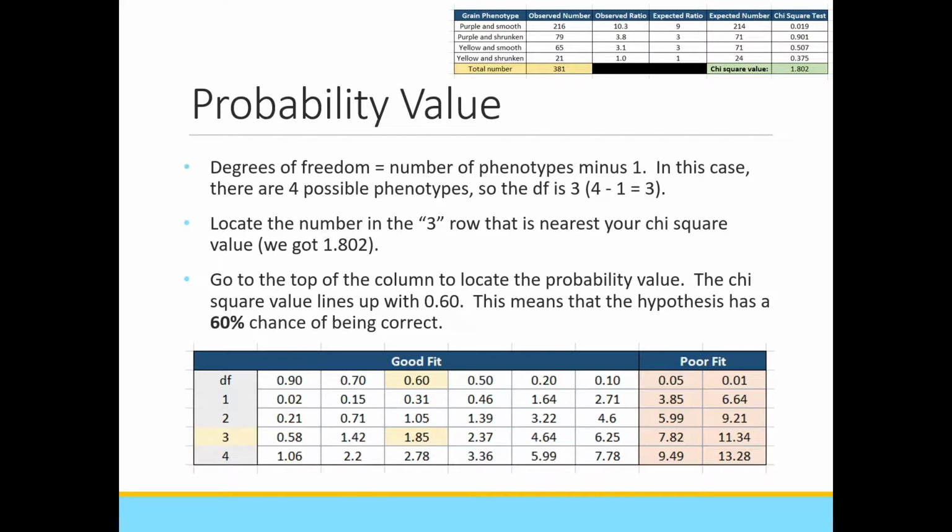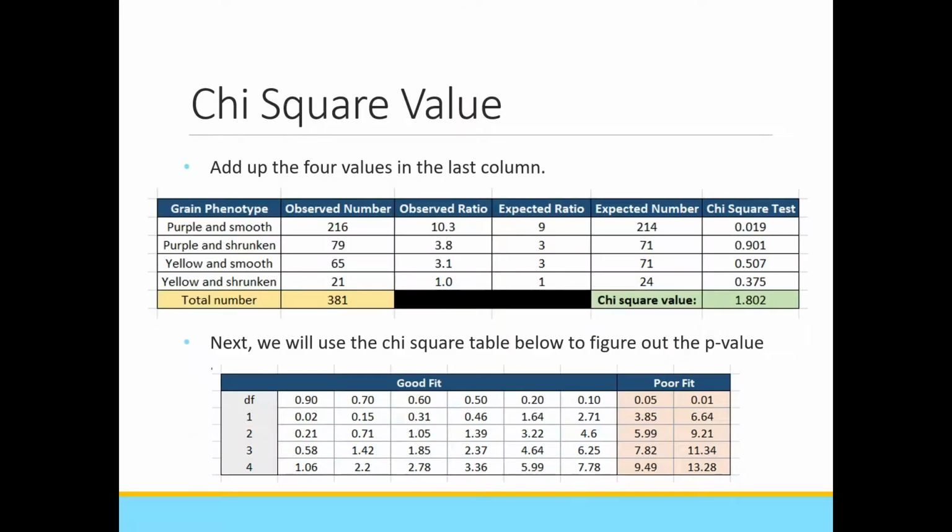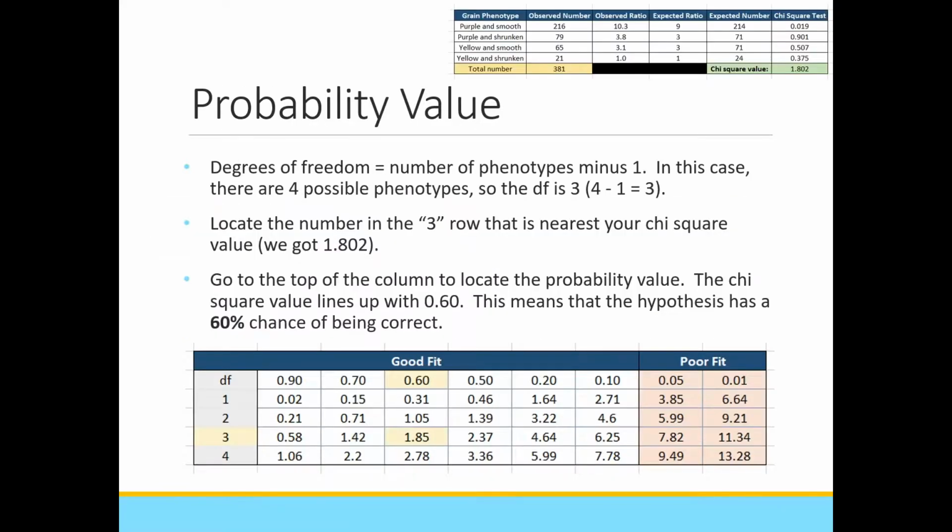So for dihybrid crosses like this, the DF is going to be 3 when we have these 4 phenotypes. So what we need to do is find the 3rd row in our chi-square table, and then find the value that most closely matches our chi-square value. So we got 1.802. We need to find the number in the 3rd row that is closest to 1.802, and that is 1.85.